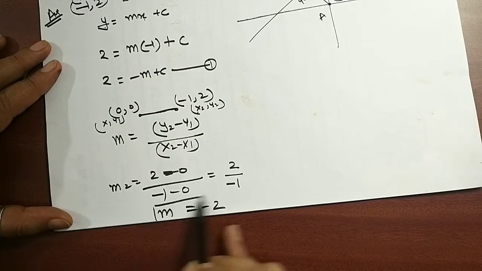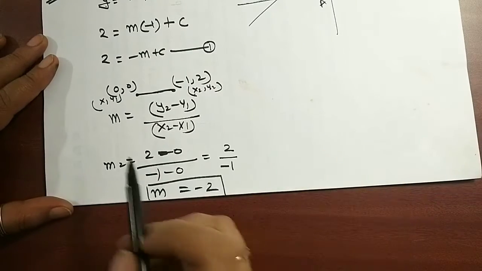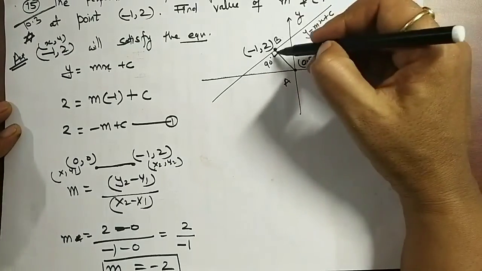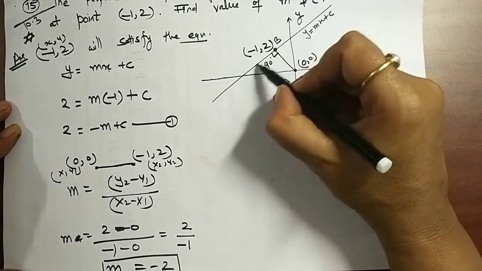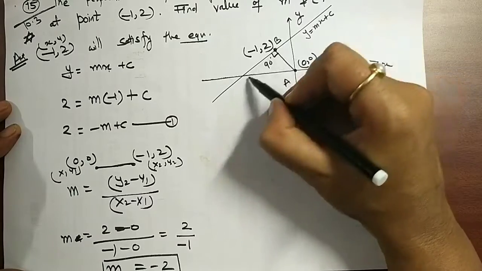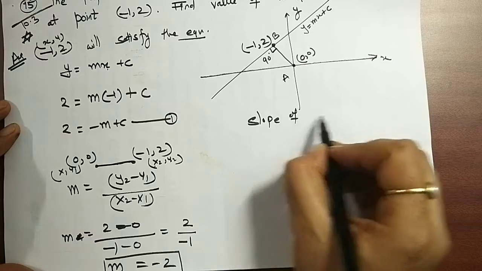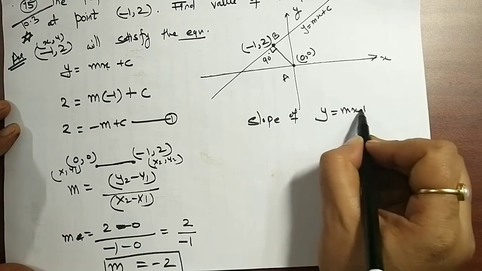So that means the slope is minus 2. So I got the slope of this line, and they are saying the other line is perpendicular. So what is the slope of y is equal to mx plus c?